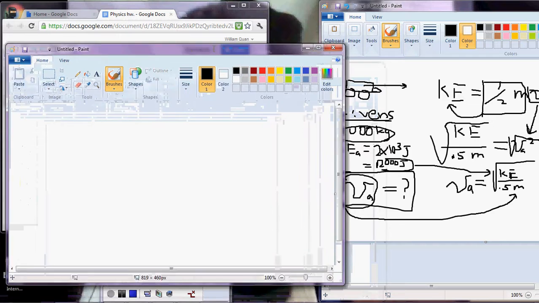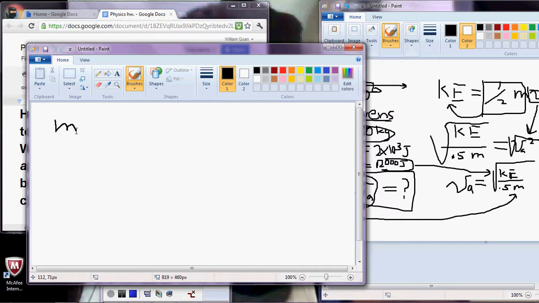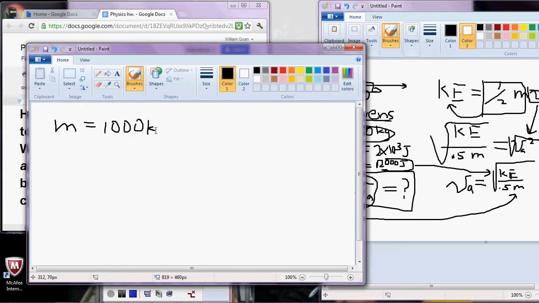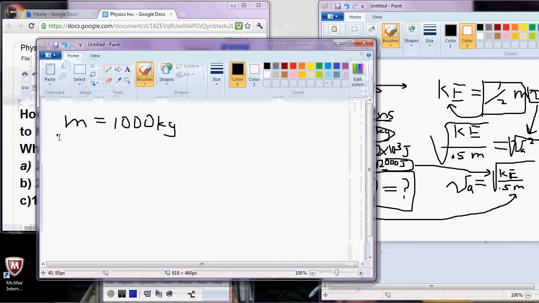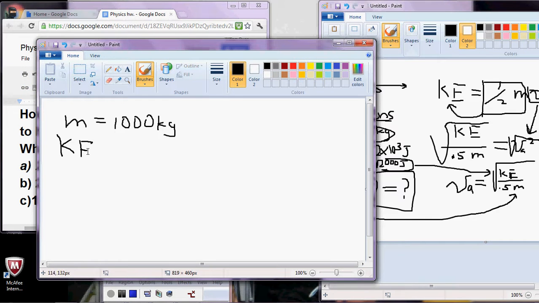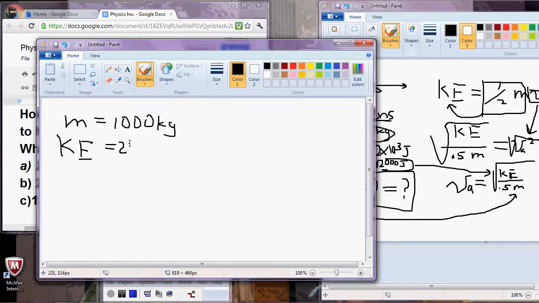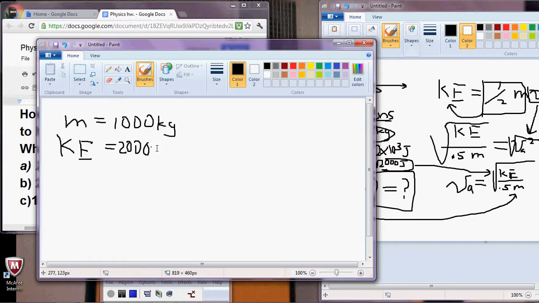So we have the givens: mass equals 1,000 kilograms, and the kinetic energy equals 2,000 joules.